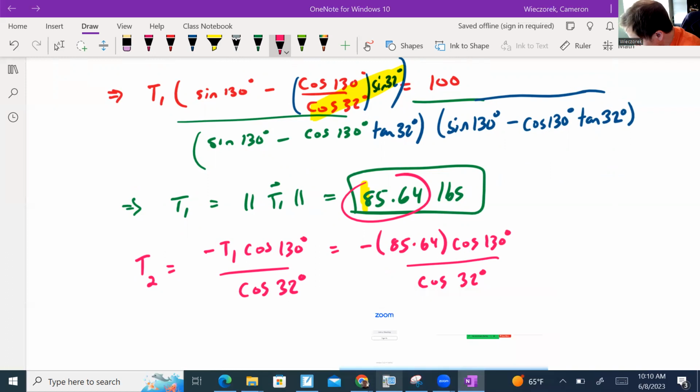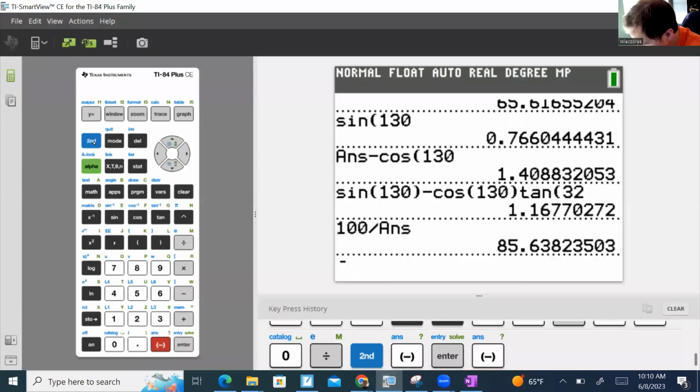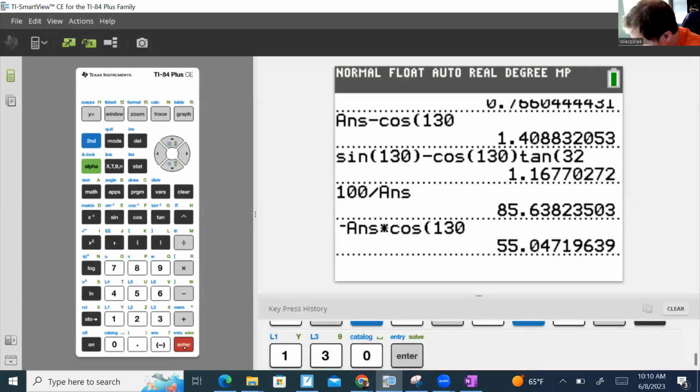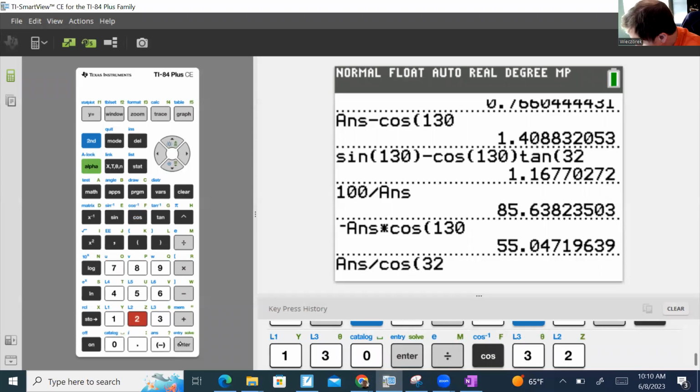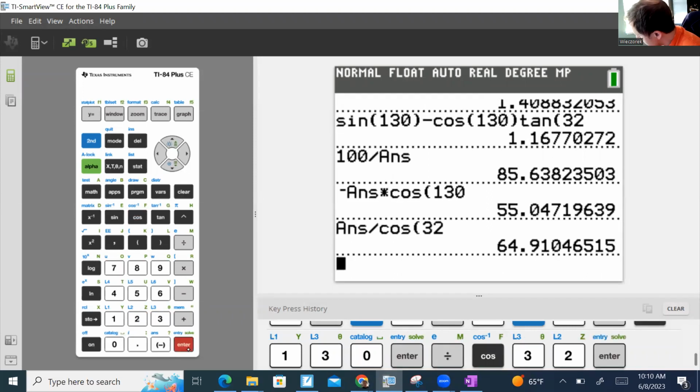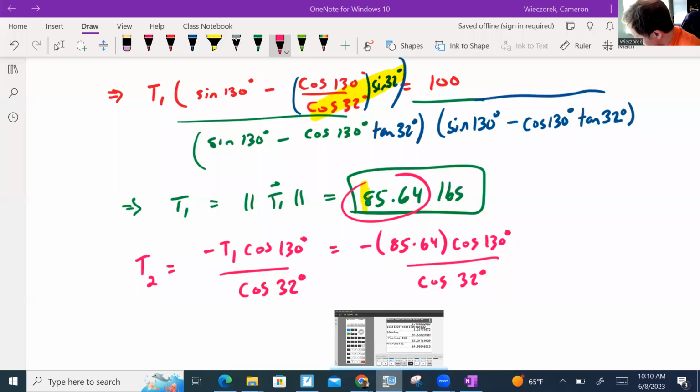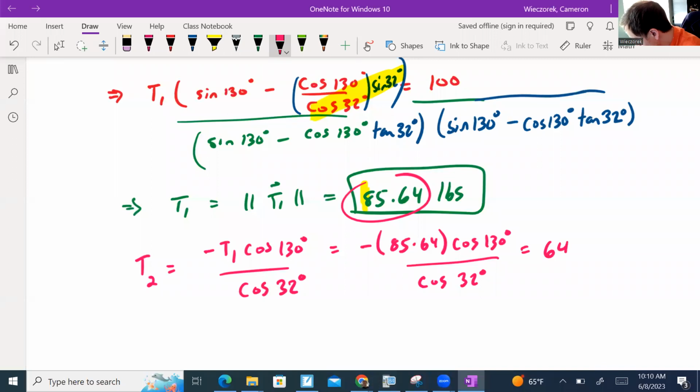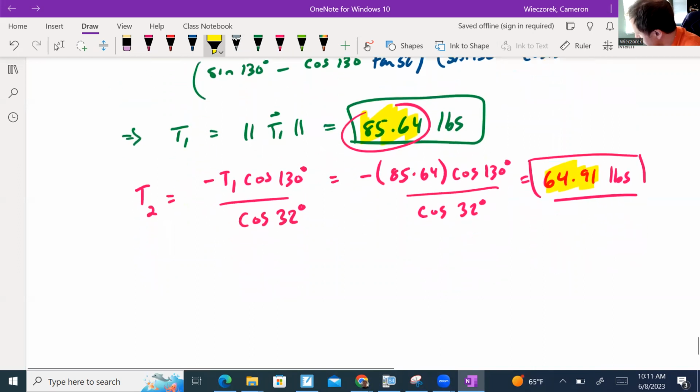So I get negative answer times cosine 130 divided by cosine of 32. Gives me a magnitude of 64.91 pounds. Okay, so now I know my two magnitudes of my tensions, 85.64 and 64.91 pounds.